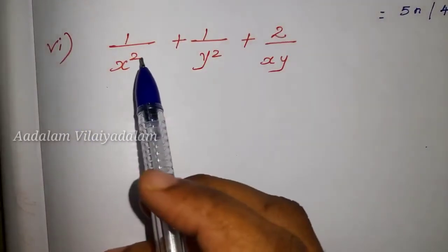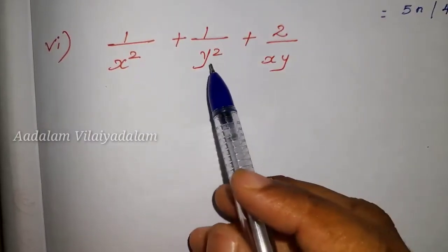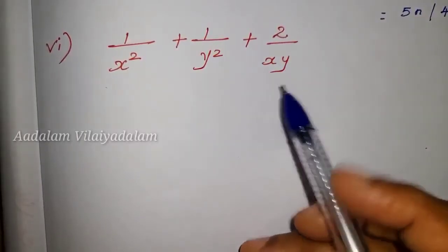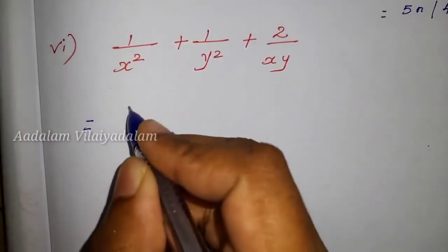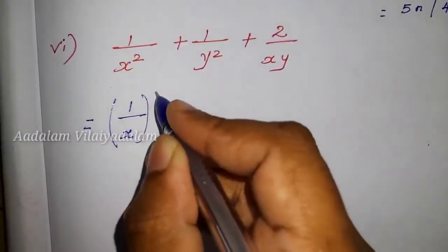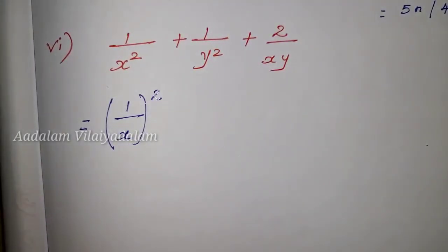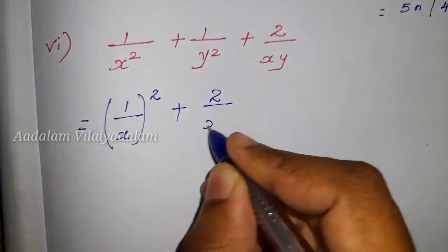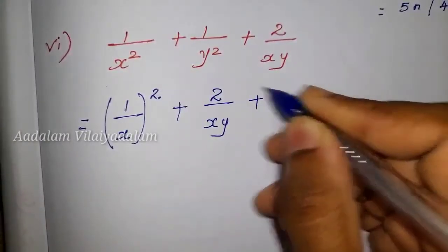So sixth question, 1 by x square plus 1 by y square plus 2 divided by xy. So first arrange the x square term, that is 1 by x the whole square, where the variable is 1 by x, plus the xy term, that is 2 divided by xy, plus the constant term.